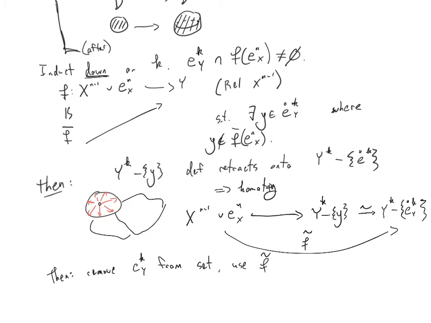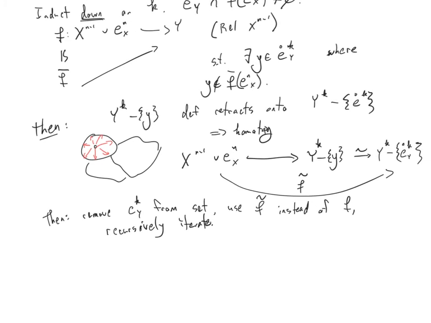So use f twiddle instead of f, and recursively iterate the proof until you're down to the base case we talked about.